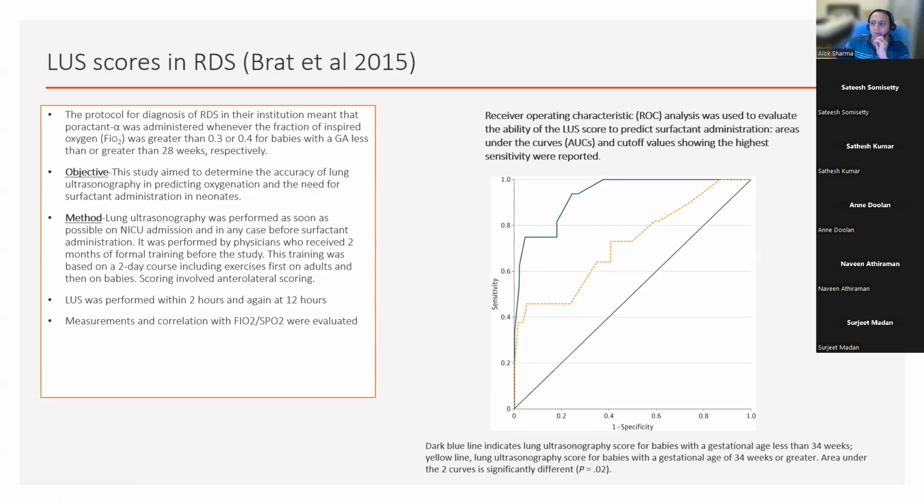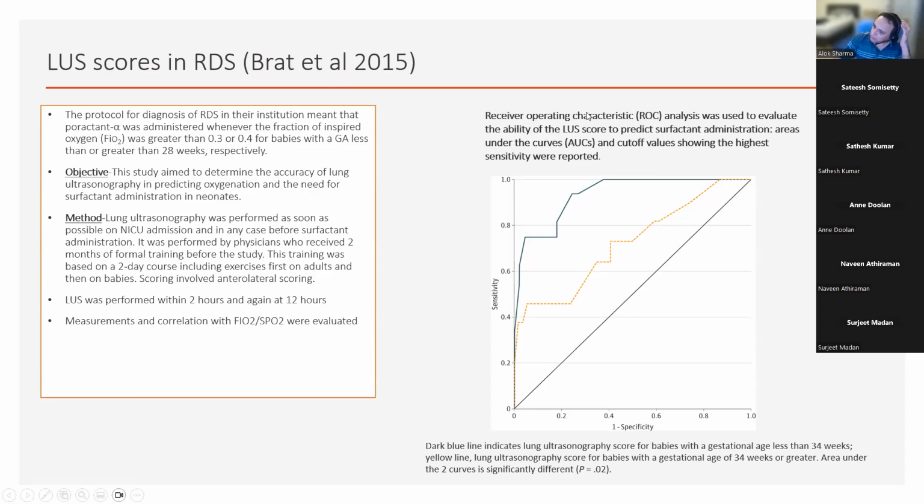The way they did that was quite interesting. How do we determine whether a baby has worsening RDS and take lung ultrasounds to correlate with whether a baby will need surfactant or not? So how do we use a predictive model? The statistical analysis for that is done using a concept called receiver operating characteristic analysis.